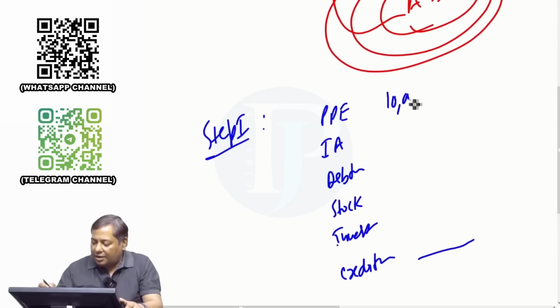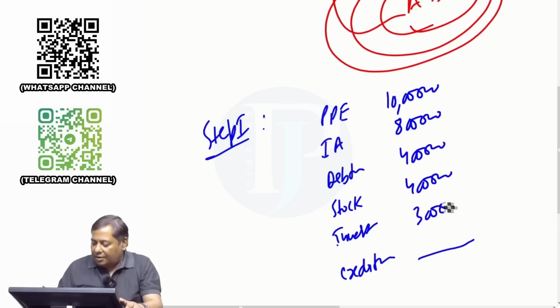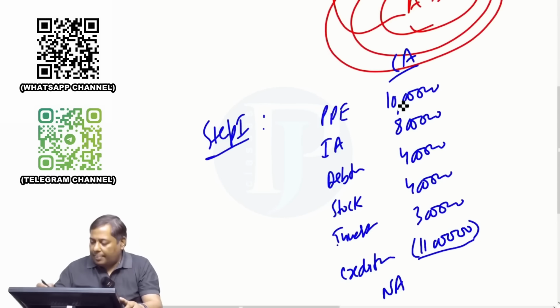Let's say it's 10 lakhs. Let's assume this is 8 lakhs. These are 4 lakhs. These are also 4 lakhs. These are 3 lakhs. And let's assume it's 11 lakhs. We have net assets and the carrying amount is 10 and 8, 18, 18 and 4, 22, 22 and 4, 26, 26 plus 3 is 29, less 11, total 18.